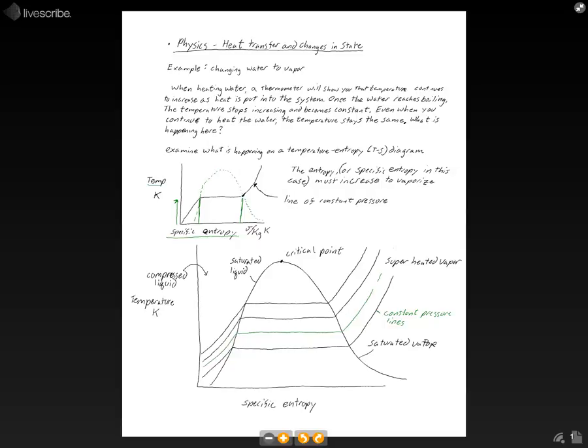As far as water, you're usually talking about 100 kPa, or kilopascals, and so you're always going to be hitting this giant bubble that's in the middle of the graph here.